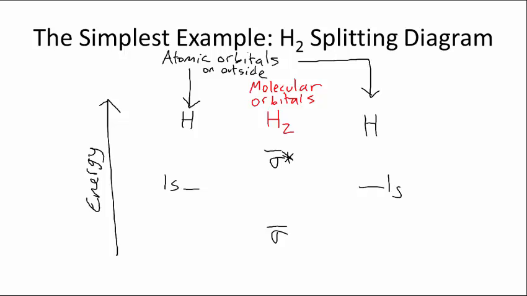And then we just put little dotted lines to show where the molecular orbitals came from. So this bonding orbital came partly from the 1s of the first hydrogen atom, partly from the 1s of the second hydrogen atom. And the sigma star also came from those two orbitals.